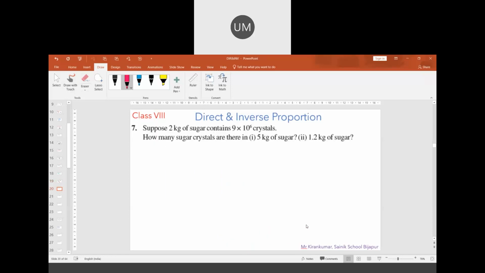Exponential form is here. 2 kg sugar contains 9 into 10 to the power of 6 crystals. So how many crystals are there in 5 kg of sugar and also 1.2 kg sugar? 2 kg sugar contains 9 into 10 to the power 6 crystals, 90 lakh.